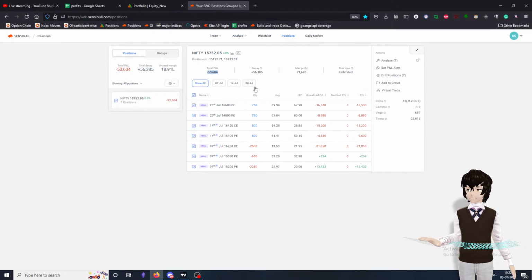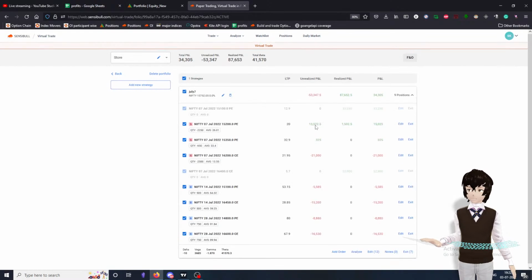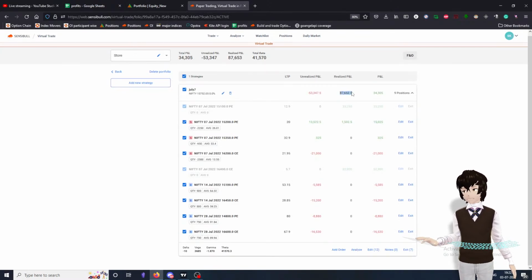So this is kind of inaccurate because I did close some legs. So I booked so far 87,000 and there's 53,000 loss in the remaining spread. But that is because of these call hedges expanding. I mean, they were losing money, and my call on the upside had decayed from 26 to 5 rupees.